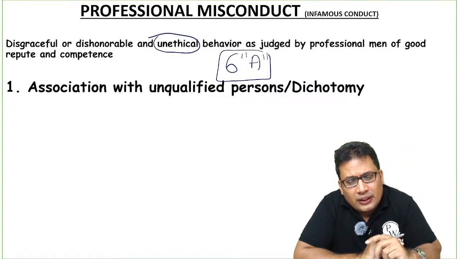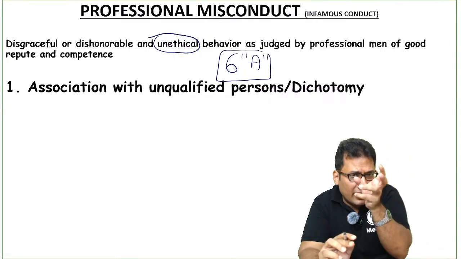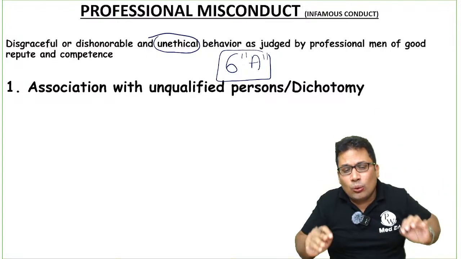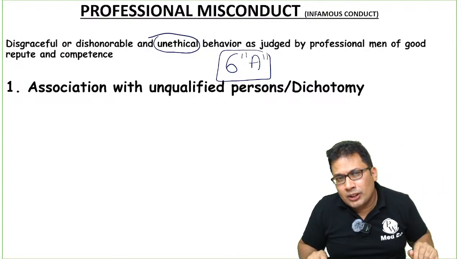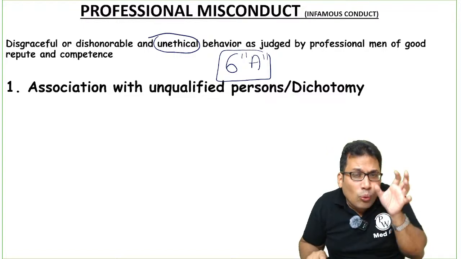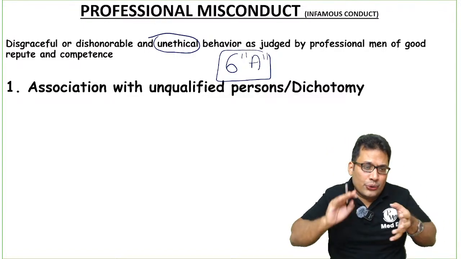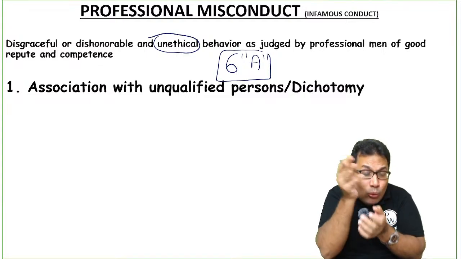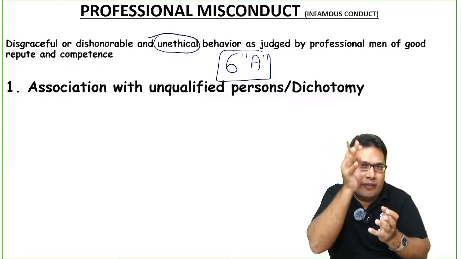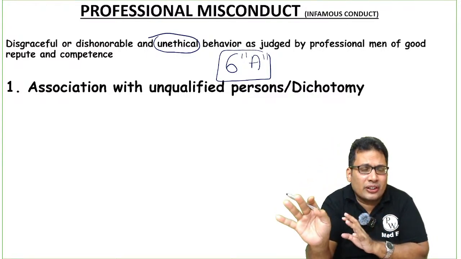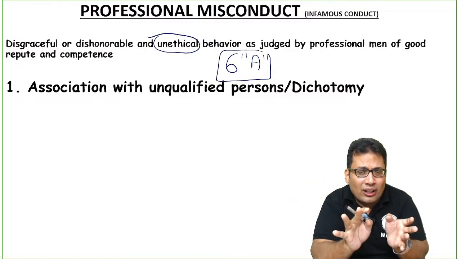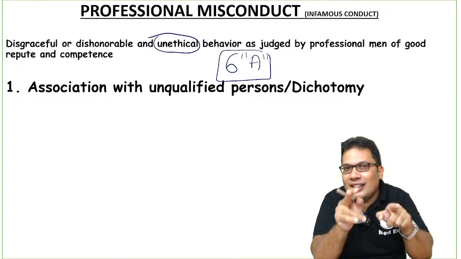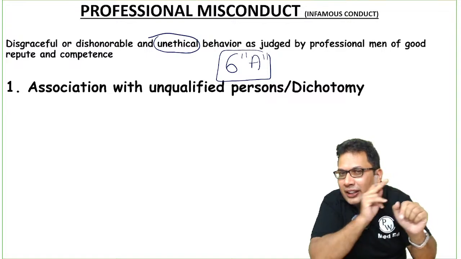The first one, A. Every conduct starts with the A. A for association with unqualified person. When a doctor is associated with an unqualified person, an unqualified doctor or nurse or someone, while treating or handling a patient, that is infamous conduct.